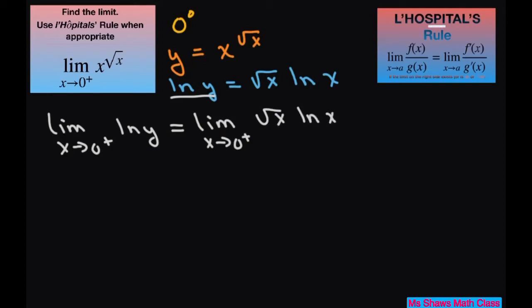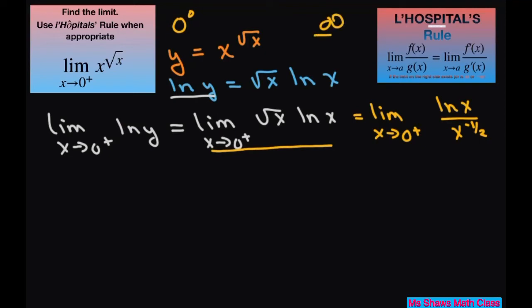Dealing with just this side now, this simplifies to the limit as x approaches 0 from the right of ln of x divided by x to the negative 1/2 power. Now we know we have the form of infinity divided by infinity for our indeterminate form.